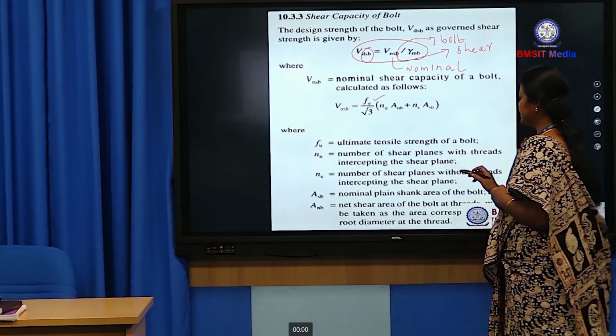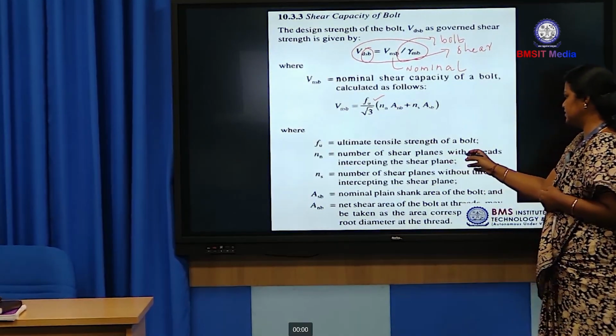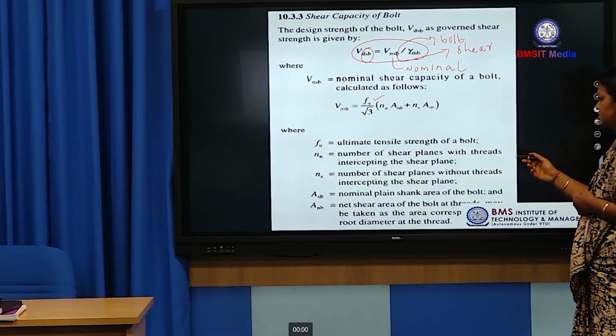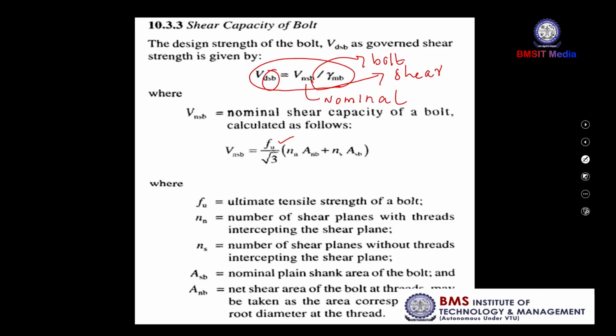NN means the number of shear planes with threads intercepting the shear plane. For example, imagine this as a bolted connection, and this is the threaded portion. Now consider the lap joint.